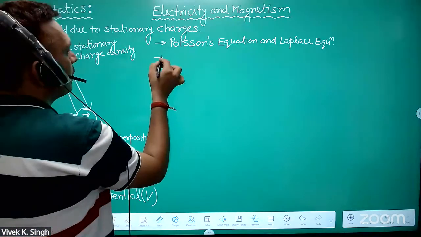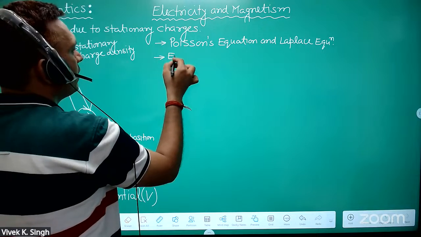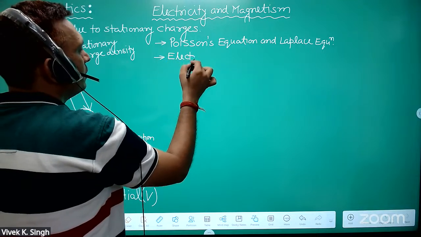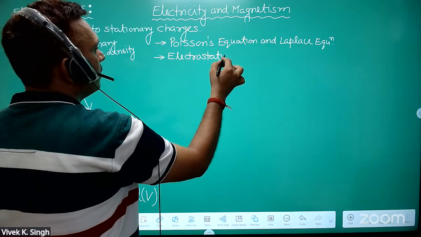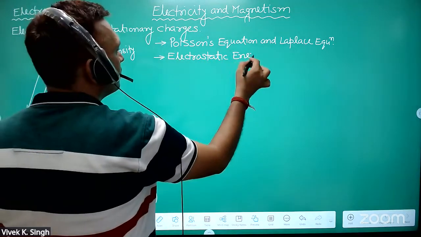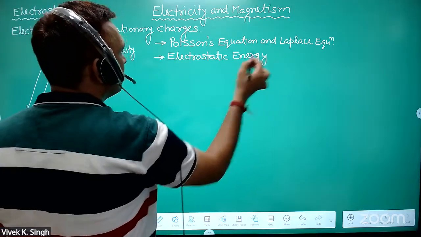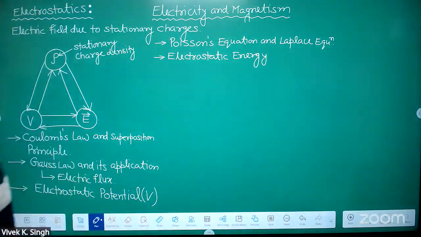Then we will talk about electrostatic energy. We will see total work done in assembling all charges. That will give you the electrostatic energy.